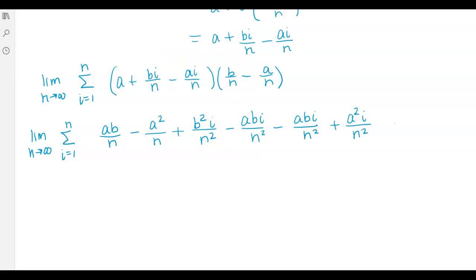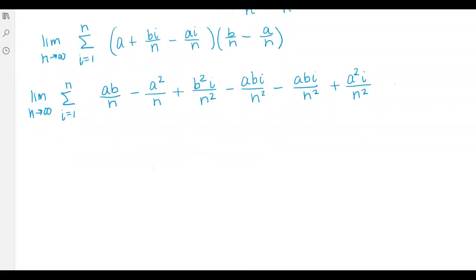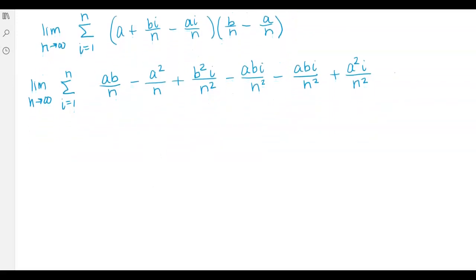And then what we'll do is we will combine things that are alike. So it looks like I can combine ab minus a squared over n. That's one. And then, let's see, b squared minus ab, actually, it'll be 2ab. These two are the same, right? These two are the same.